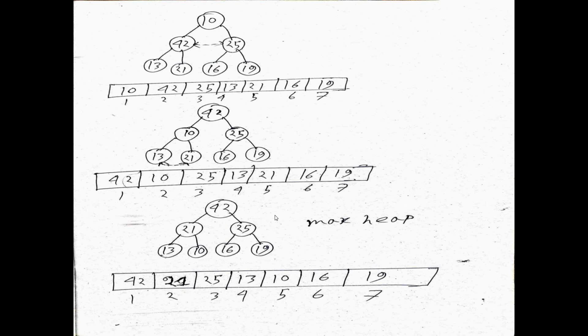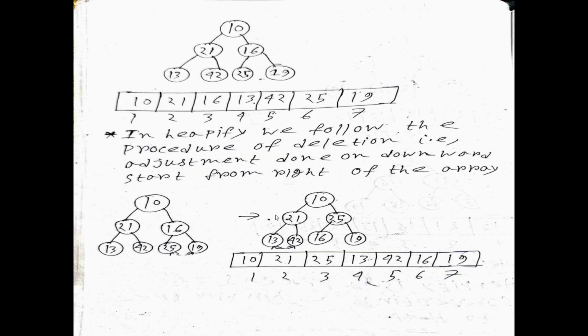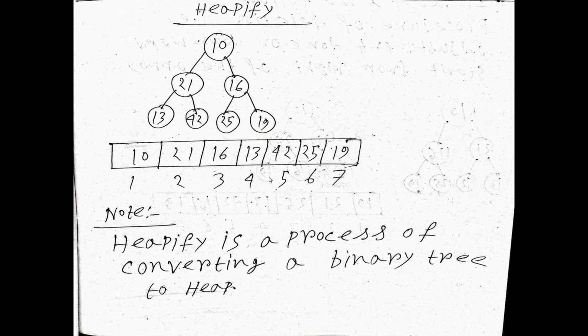So this is the Heapify procedure for generating a heap tree from a binary tree. What is the Heapify process? Basically generating a heap tree from the binary tree. Basically we have done the process of deletion. We start from the rightmost element of the array, and we do adjustment downwards.